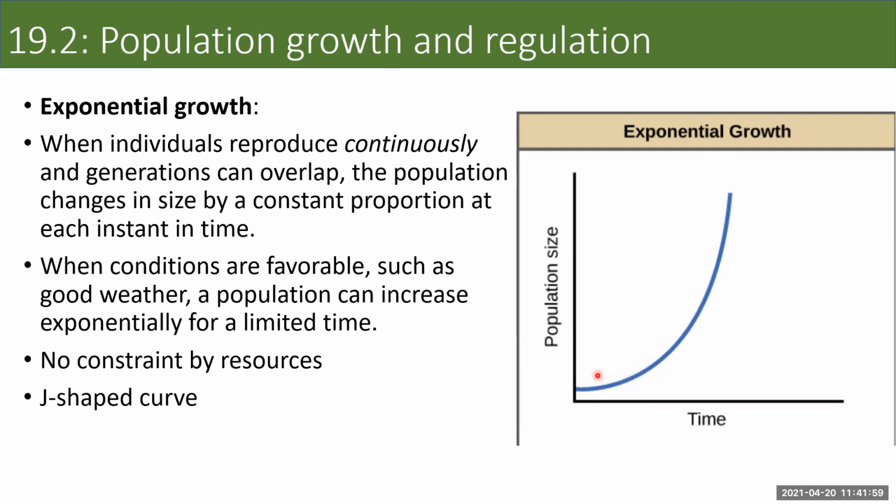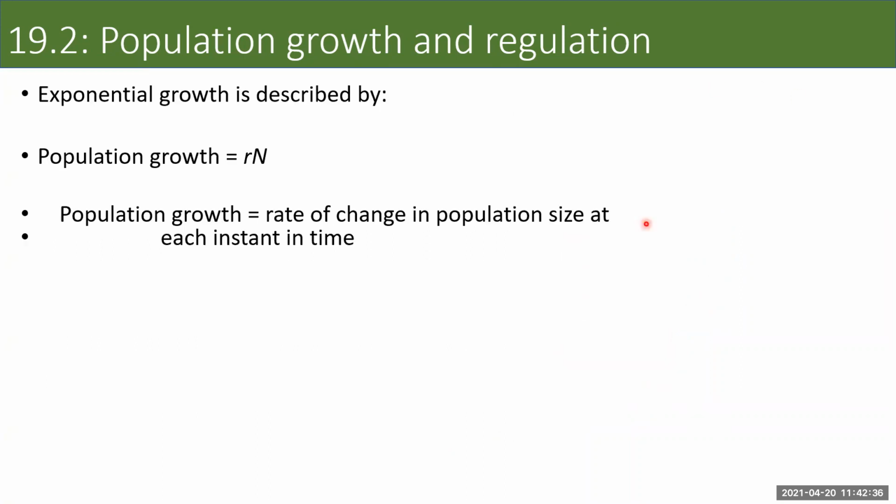When the conditions for that population are favorable, like when they have good environmental conditions, a lot of resources, and no competition, when each individual can get enough energy and enough resources to survive and reproduce with no constraints, then you get this exponential growth curve, this J-shaped curve here. This is basically saying that population size increases exponentially over time, and you get this really rapid increase in population growth.